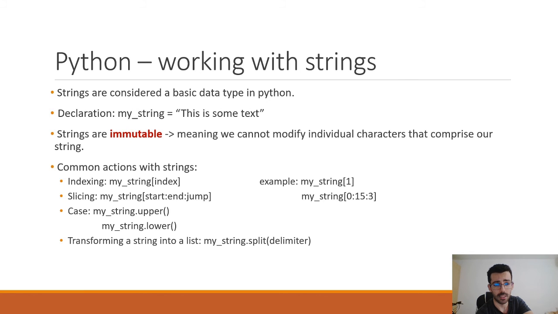The starting index for the character that I want to start from, then I have a colon, then I put the end index position of the character that I want to end my slice in, and after another colon the jump, which signifies how many characters I would like to pass each time. Okay, meaning if I start from some starting point, I'll jump, say, 2 characters each time up to the end.